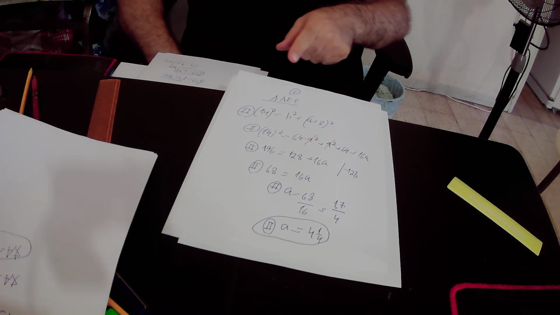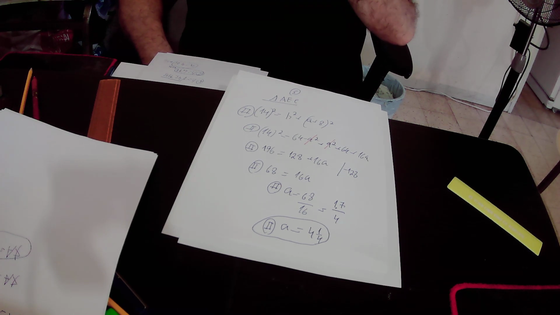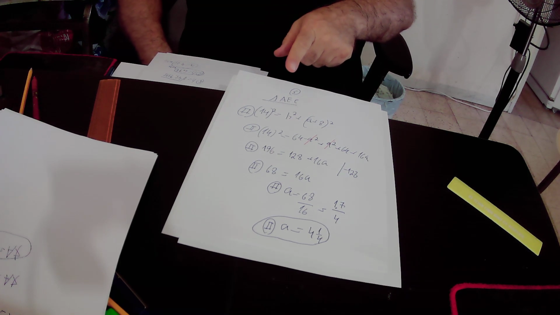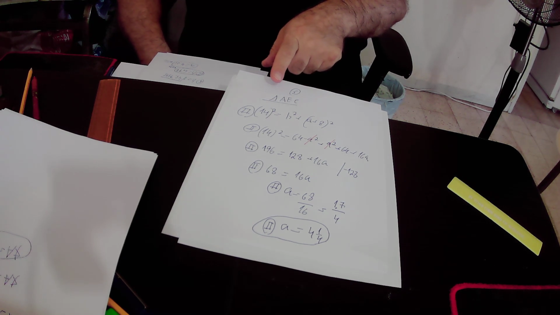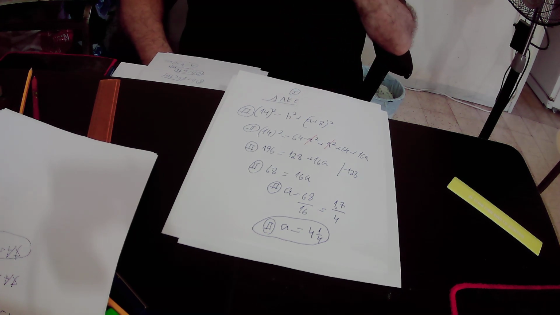Okay, so in total, in the right triangle AEC, the implementation of the Pythagorean theorem means that 14 square equals A square plus A plus 8 square.